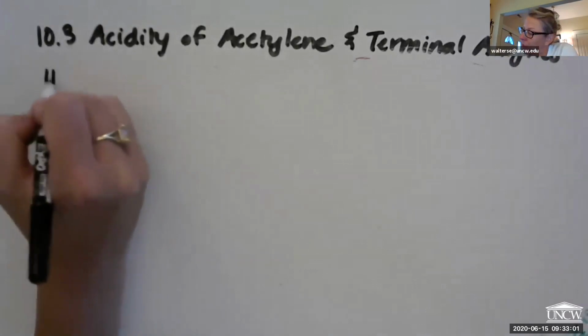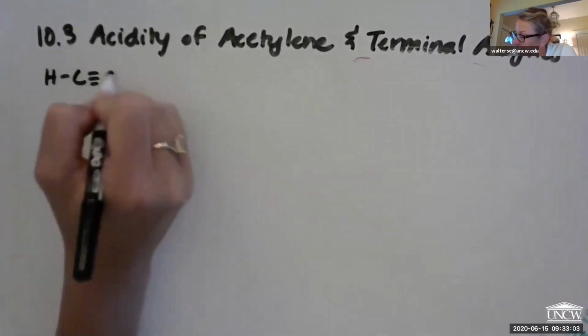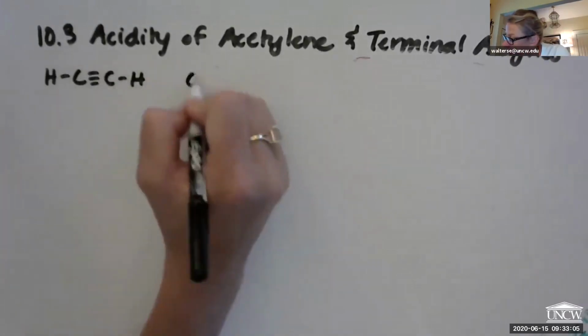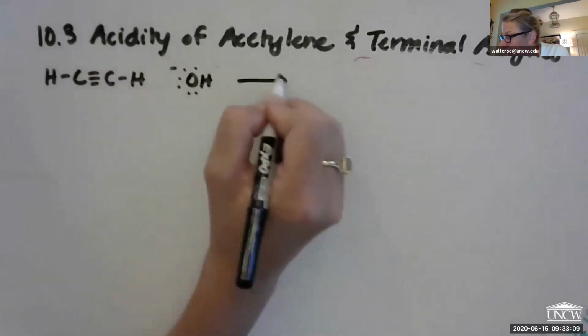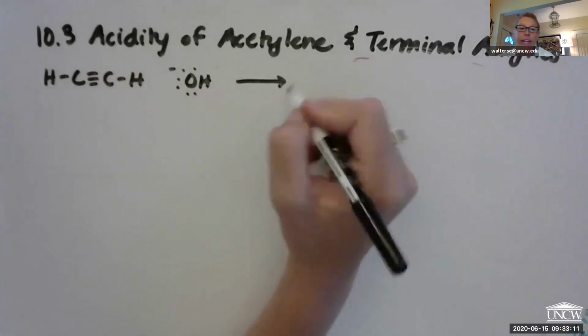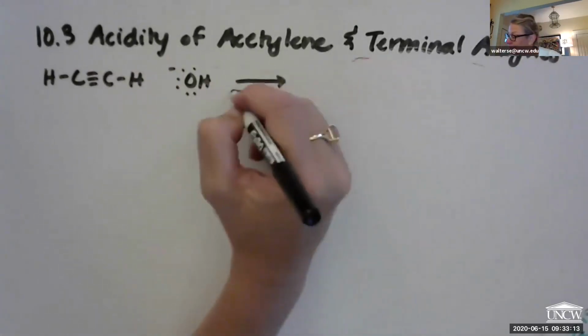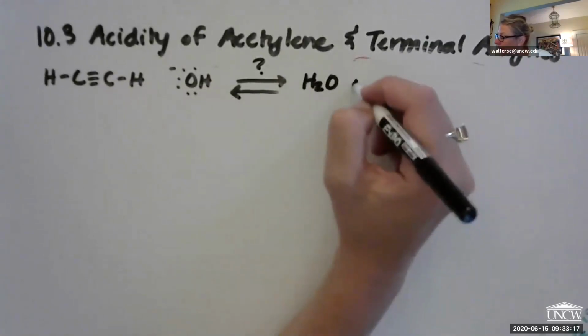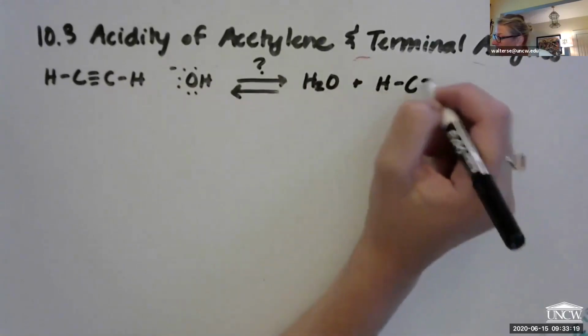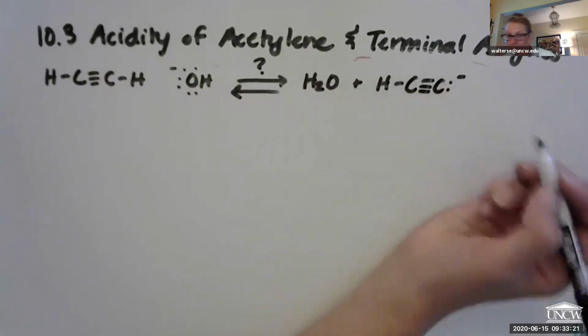So if we take acetylene and we put it in the presence of hydroxide, which is a strong base, and you write the product prediction, you would write that you would make water and the acetylide anion.